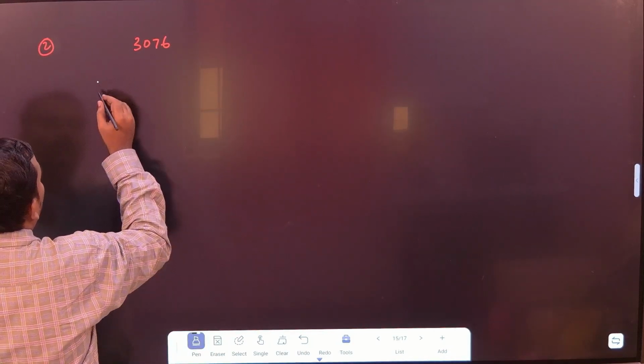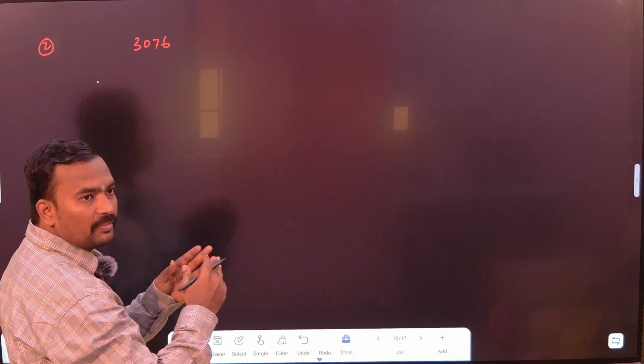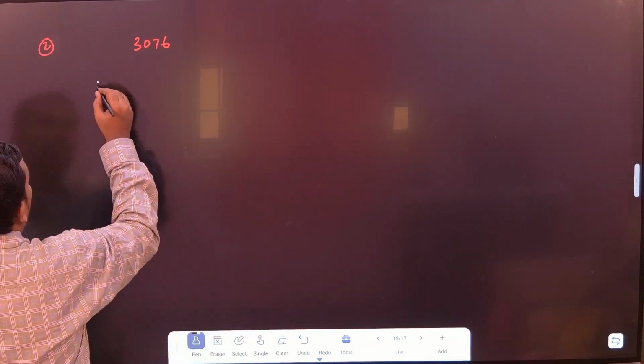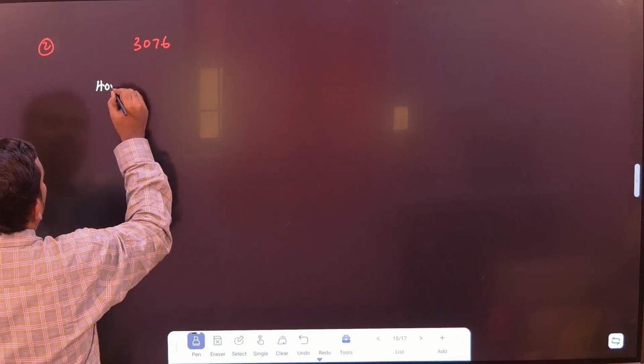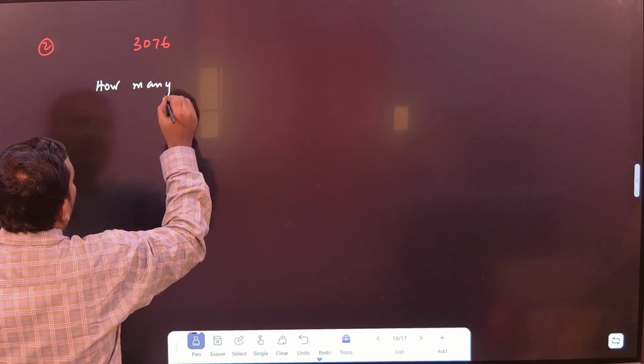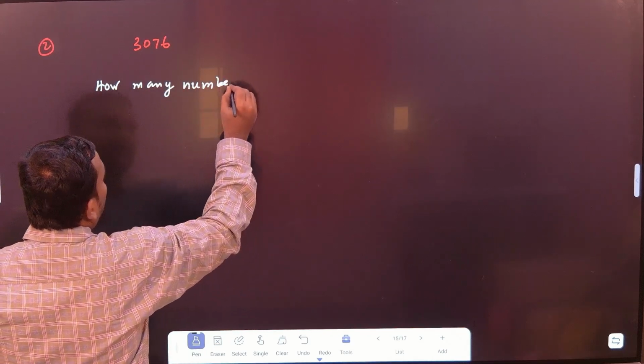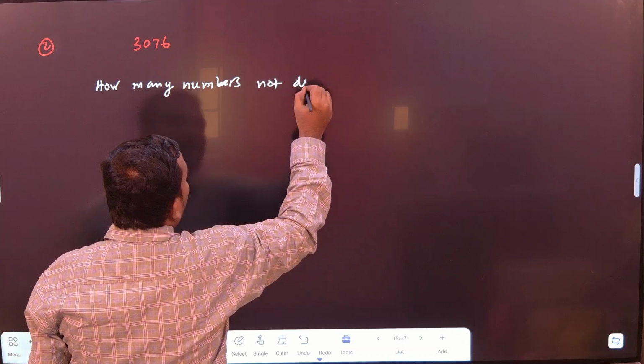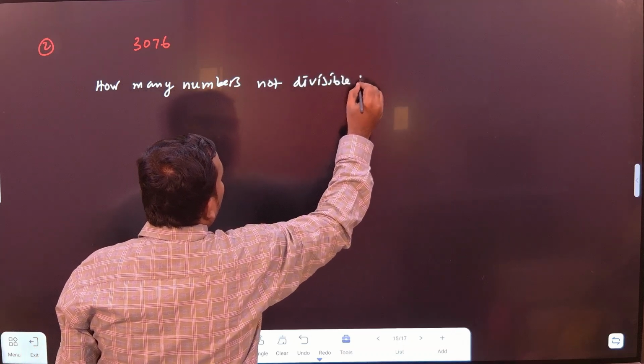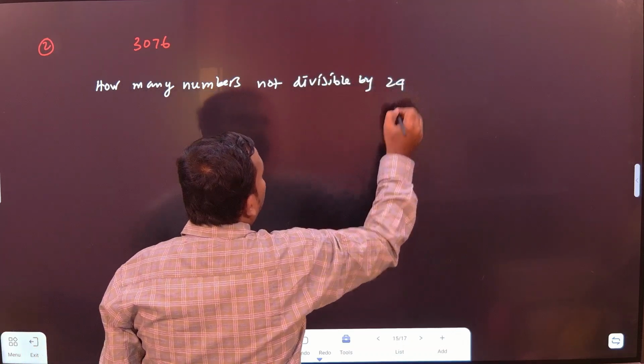So what we have to do, how many numbers are not divisible by 24?